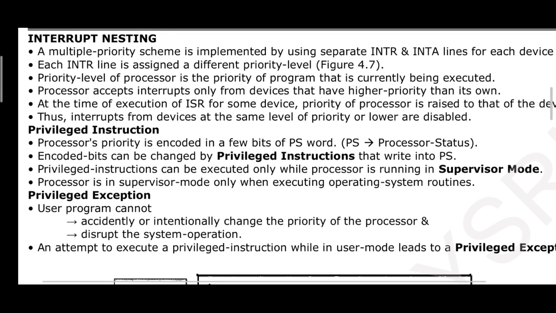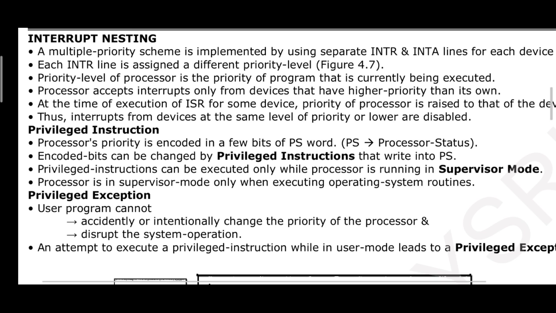Next is interrupt nesting. In interrupt nesting, a multiple priority scheme is implemented by using separate INTR and INTA lines. As I told you earlier, in the previous configuration we saw only a single common interrupt request line INTR and a common interrupt acknowledgement line.